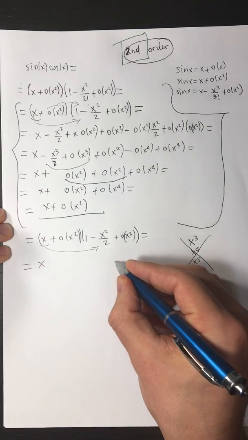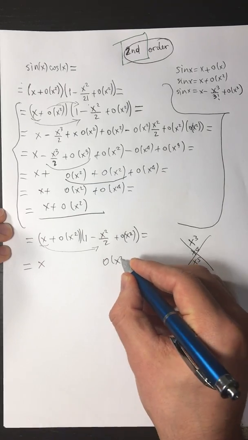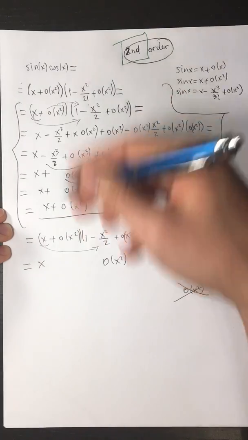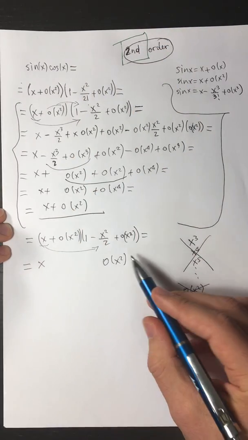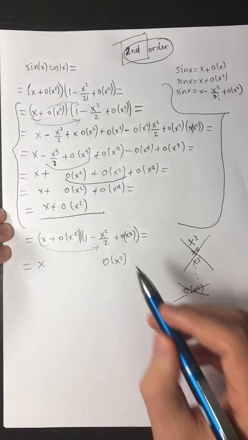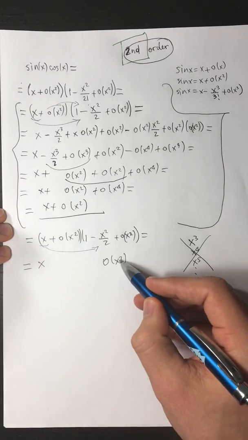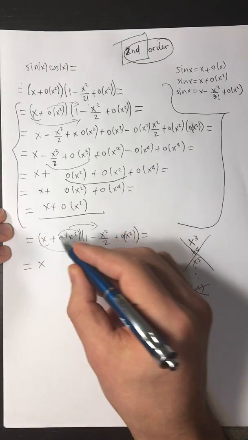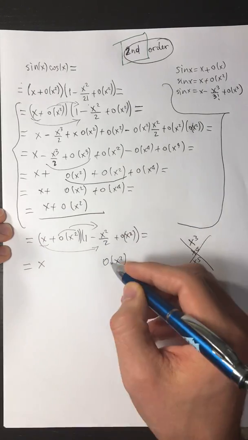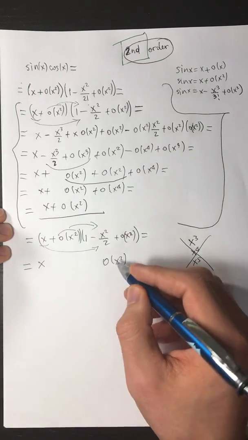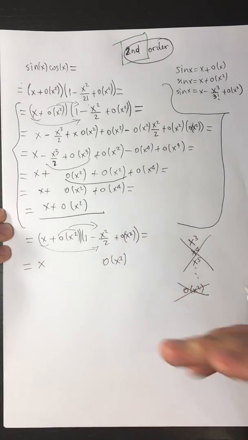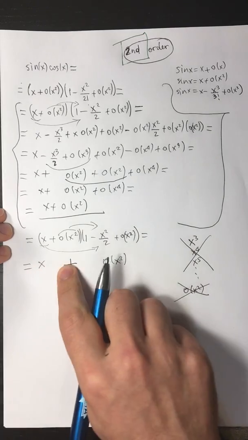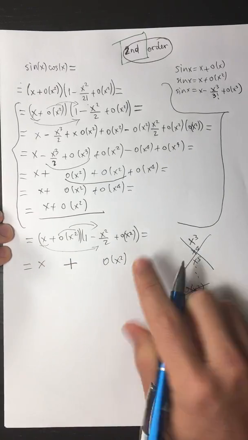At the end of the day, this ox square is going to absorb everything, if the power is strictly greater than 2. Anything you multiply with any of the terms will be skipped because ox square is going to absorb it. So the answer is x plus ox square. I hope you get it now.